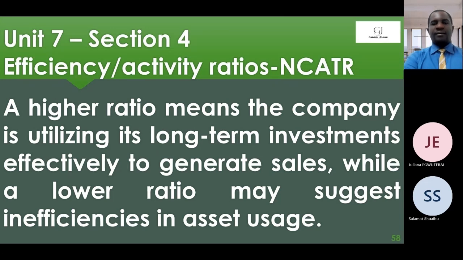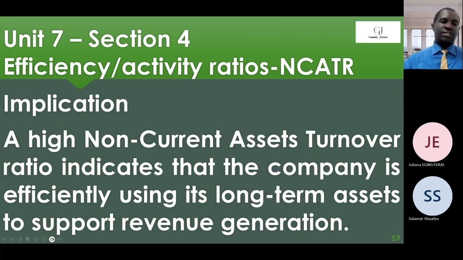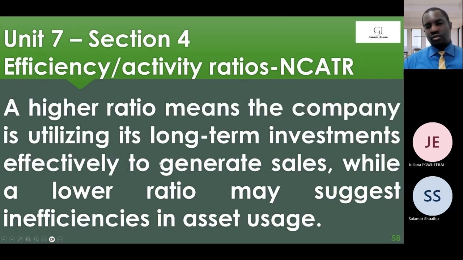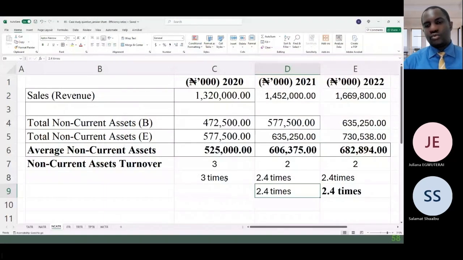So a higher ratio shows that the company is utilizing its assets effectively to generate revenue, while a lower one suggests inefficiencies in asset usage. So if we have less than 3 or less than 2, less than 1, then the company is not utilizing its non-current assets effectively.